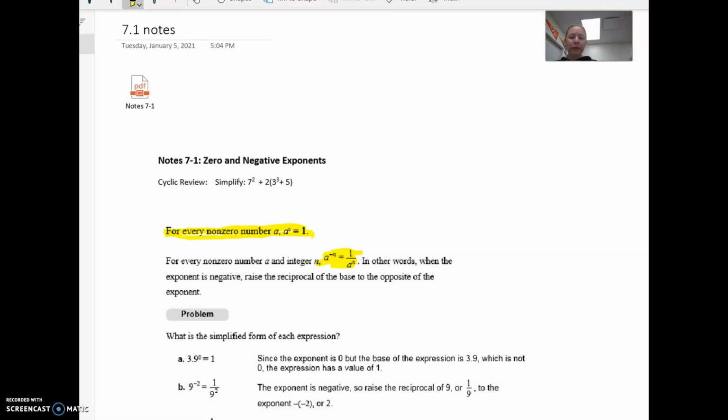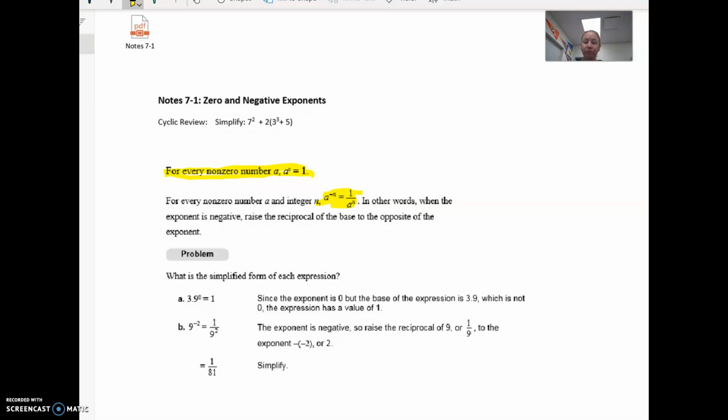So in other words, when the exponent is negative, you take the reciprocal, and then you have a positive exponent at that point.